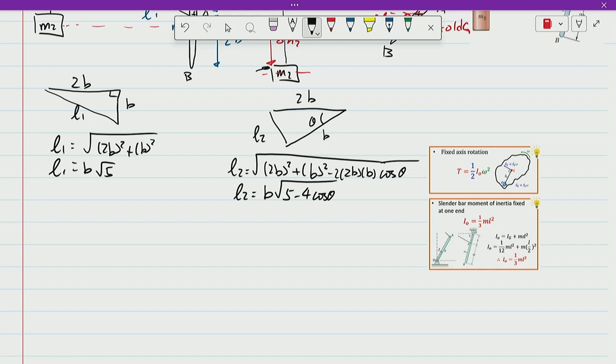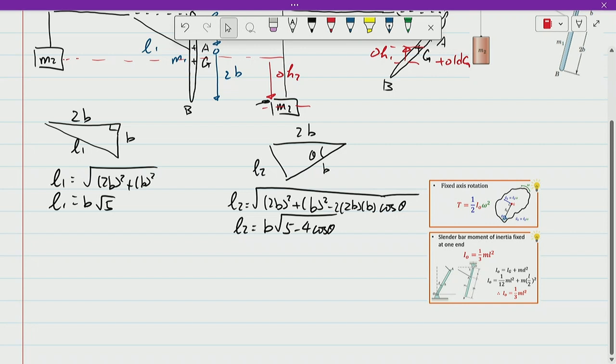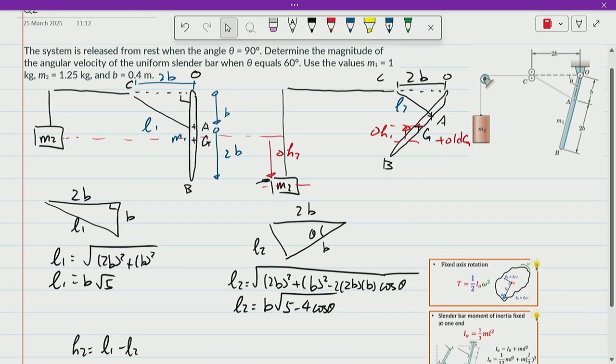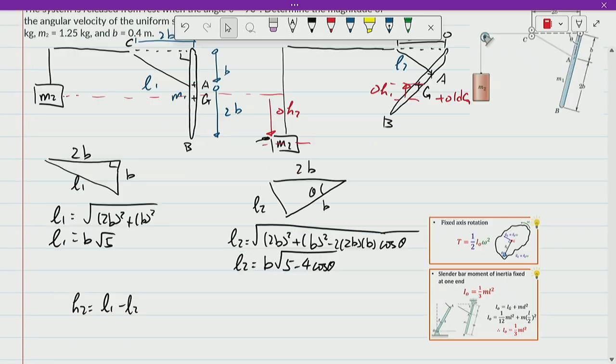Okay. So to find H2, or delta H2, which is how far the M2 has dropped, it's basically just L1 minus L2. Because the missing rope length is just going to end up on the right-hand side. It's not going anywhere. There's no crazy looping around. It's pretty straightforward.